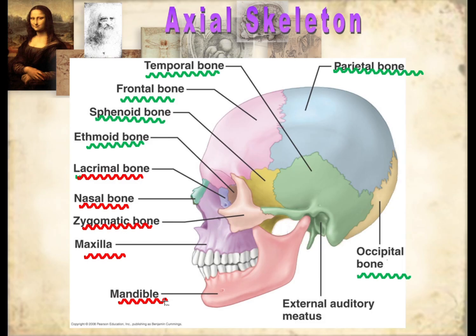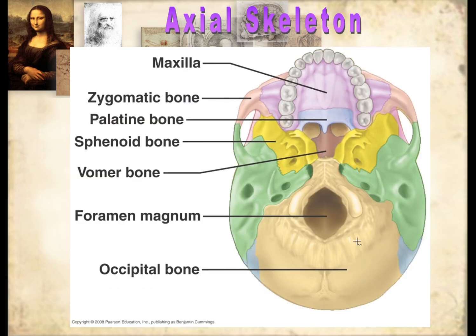These are the facial bones, and this is the external auditory meatus. This is the overview of the axial skeletal system. Here you can see this is the maxilla and this is the zygomatic bone, and the upper part here is the palatine bone.